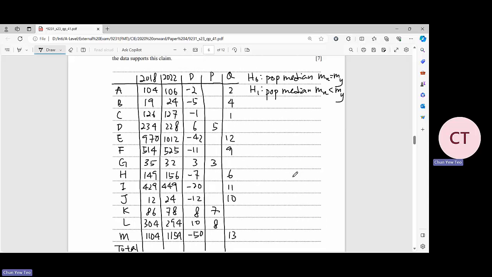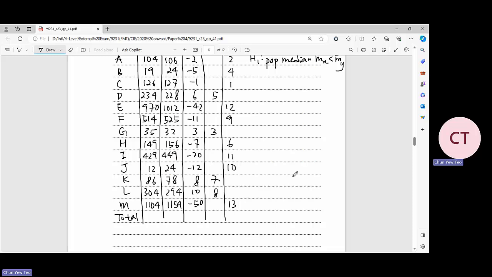These are the positive ranks and negative ranks. Now we just need to find the sums. The sum here will be 23, and the sum here will be 68.